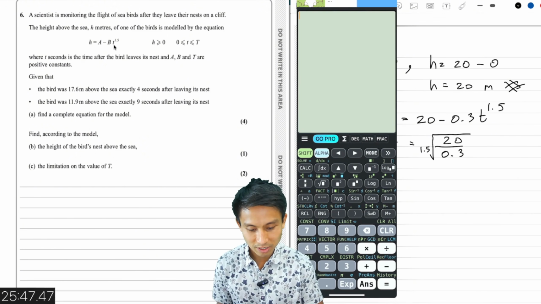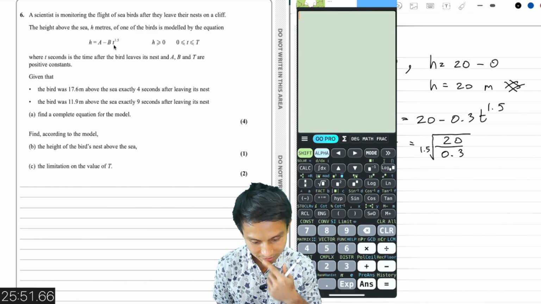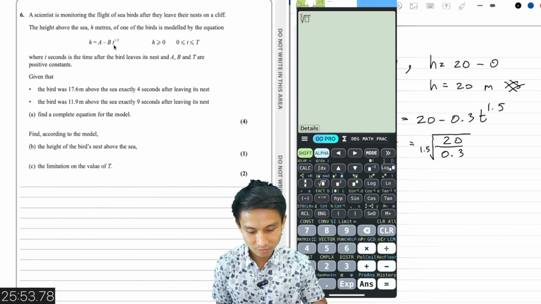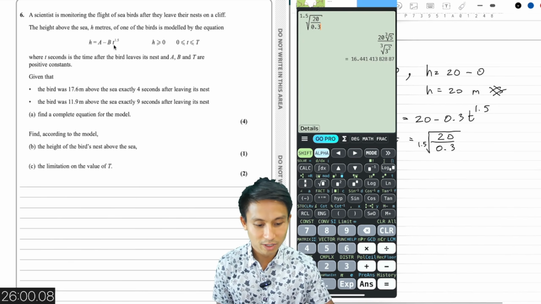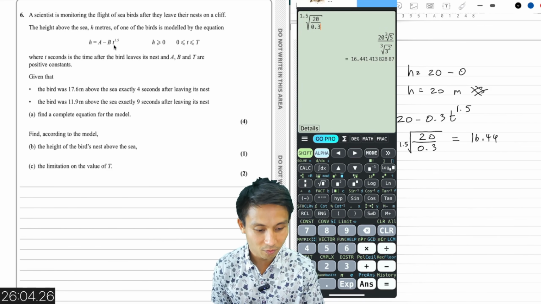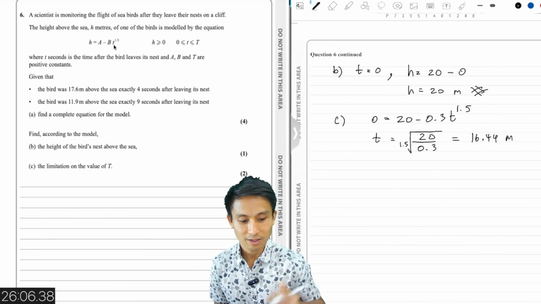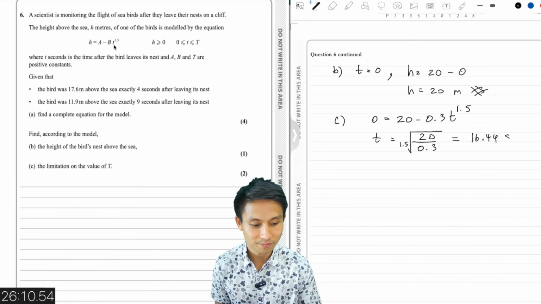Well, that's possible. Yeah, we can do that in the calculator, well, let me show you. Like this one, 1.5 root, and then 20 divided by 0.3. So that's about 16.44, seconds, not meters, right, because that's time.